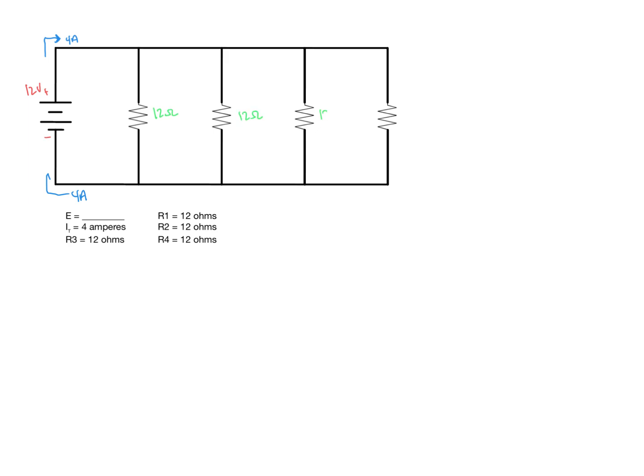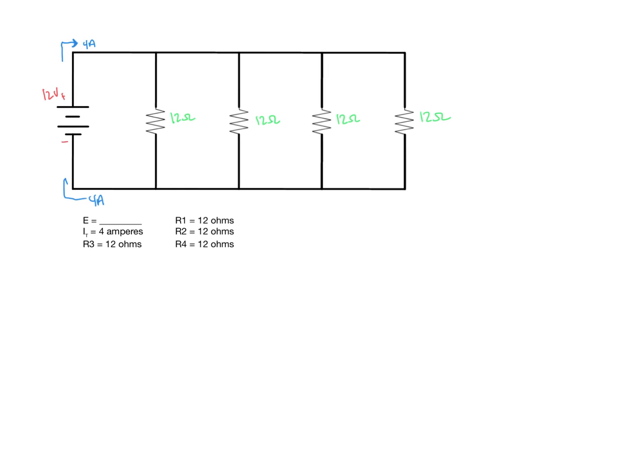Oh, how nice. So you might recall that if we have the same resistances in each branch, we can take that number and divide it by the number of branches, so 12 divided by 4, and that would give us 3 ohms, and that's the easy way of doing this.